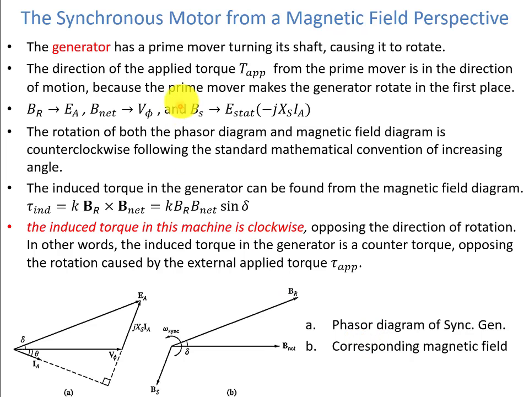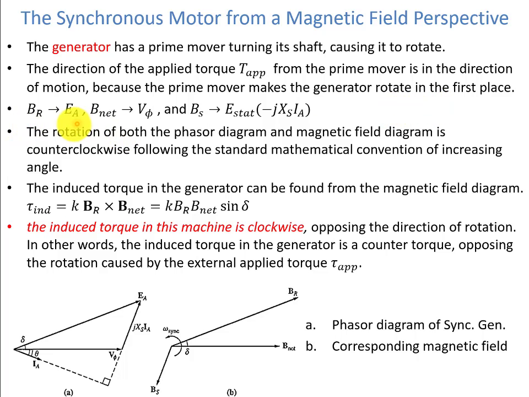Now, the synchronous generator has a prime mover turning its shaft, causing it to rotate. The direction of the applied torque from the prime mover is in the direction of motion, because the prime mover makes the generator rotate in the first place.